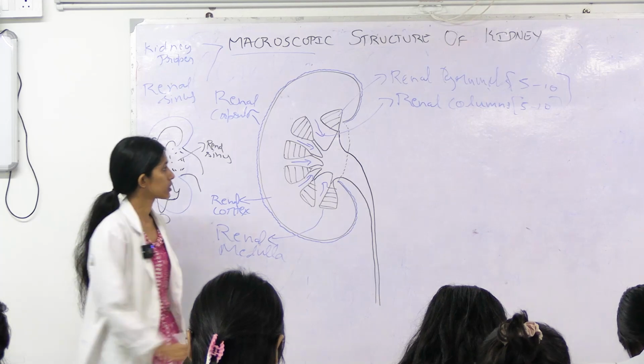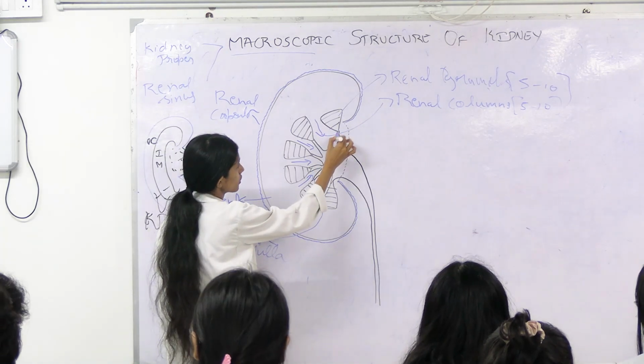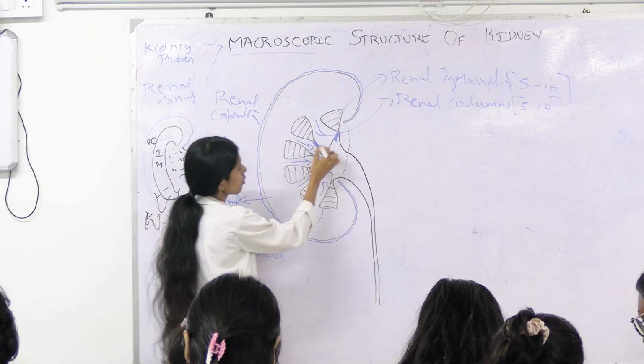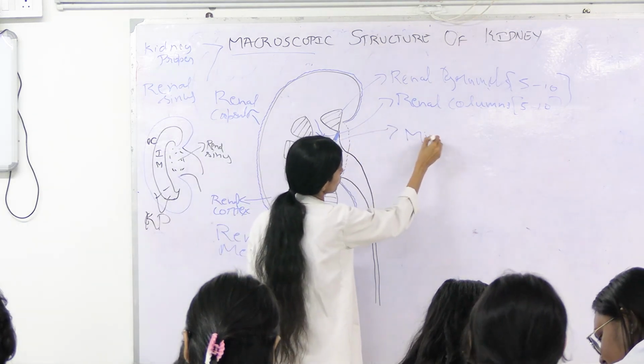Okay. Next, this part that you are seeing is called the minor calyces.